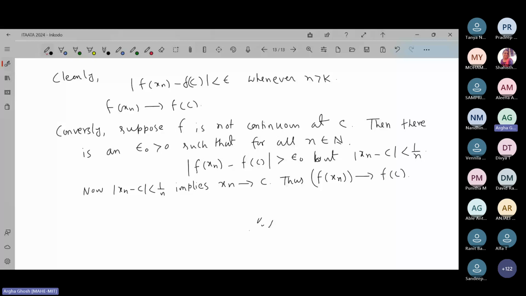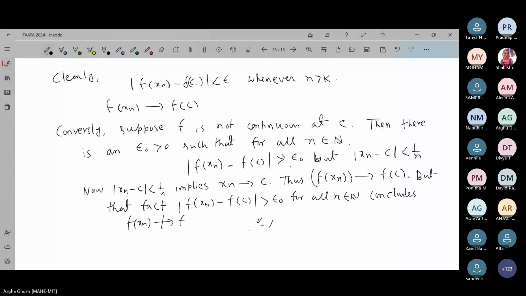But the fact that |f of xn minus f of c| is greater than epsilon naught for all n concludes that f of xn cannot converge to f of c.